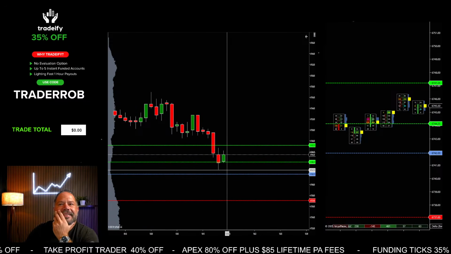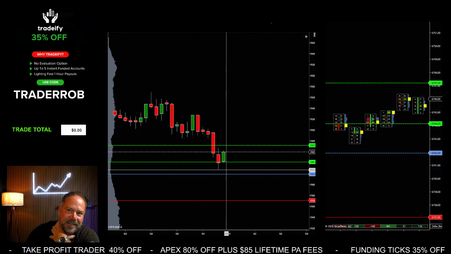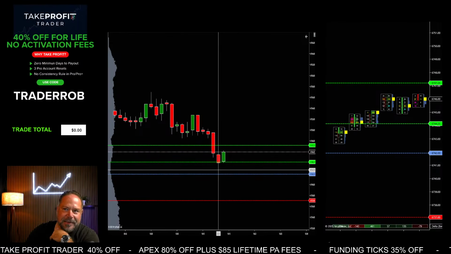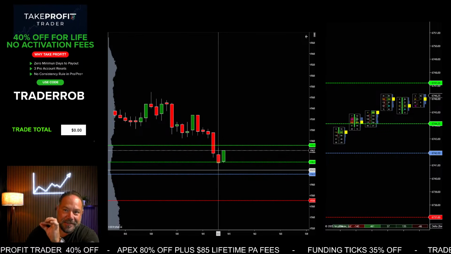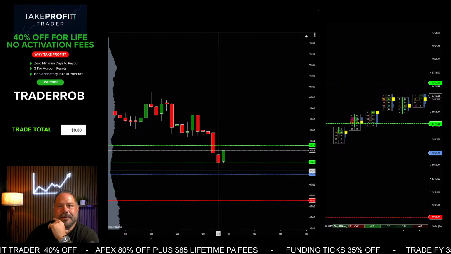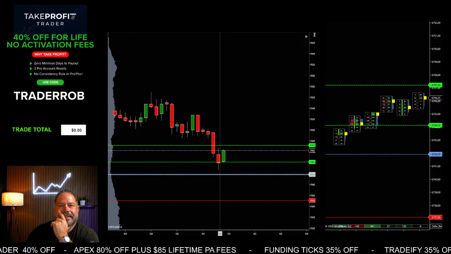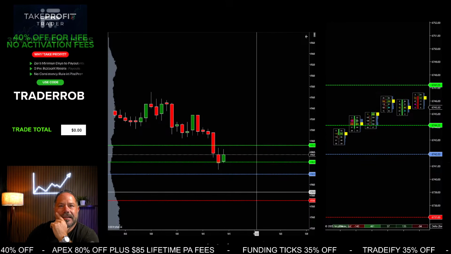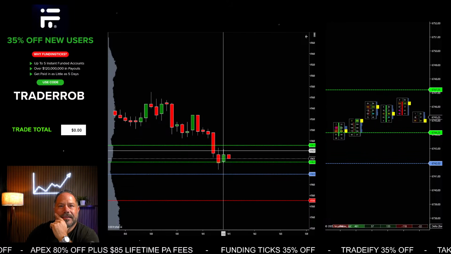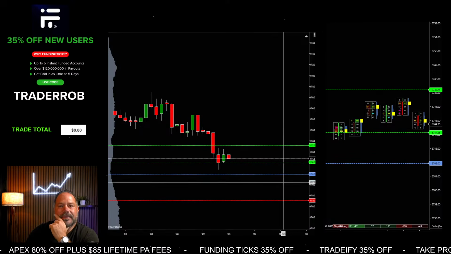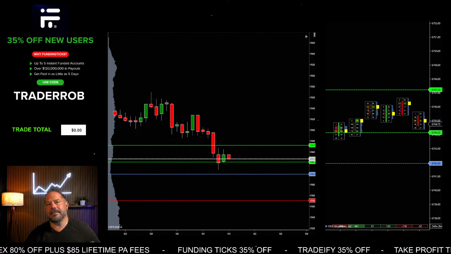So remember what I said, 67.42.50. We got the exact reaction at 67.42.75. So a tick above there, 3 ticks above my entry. And that's almost sweeping TP2. So that really sucked.